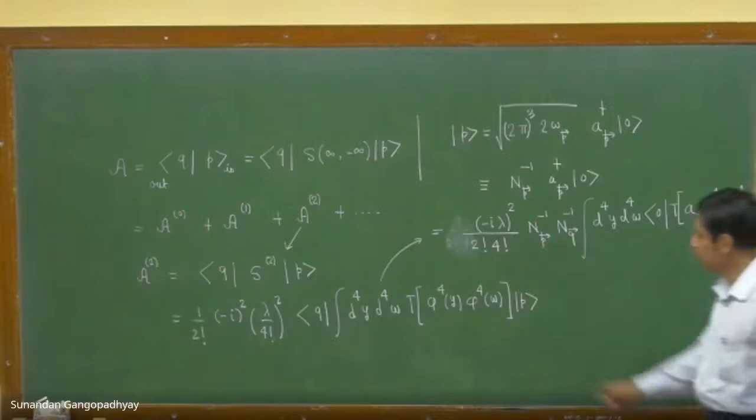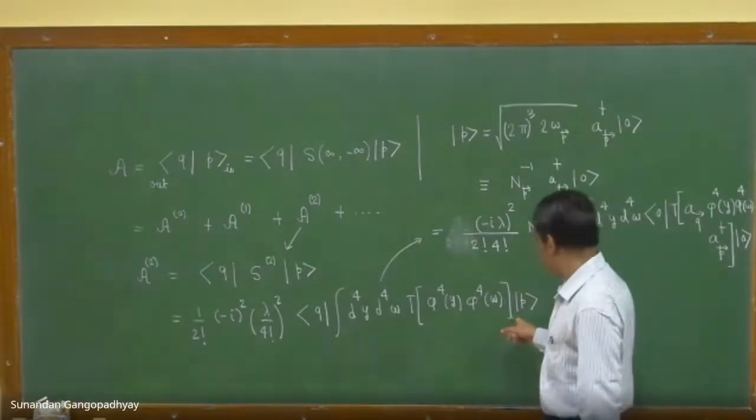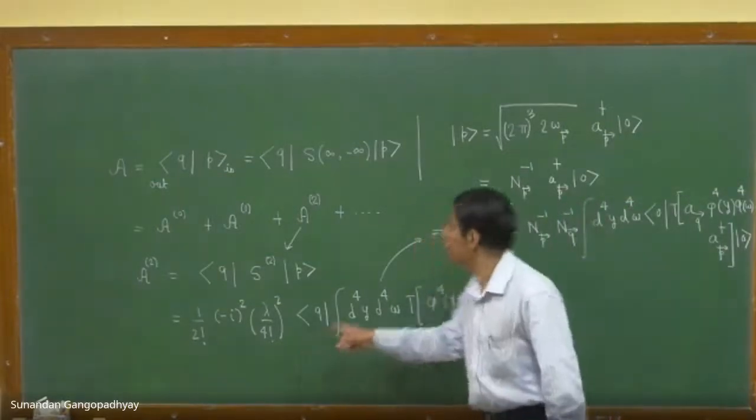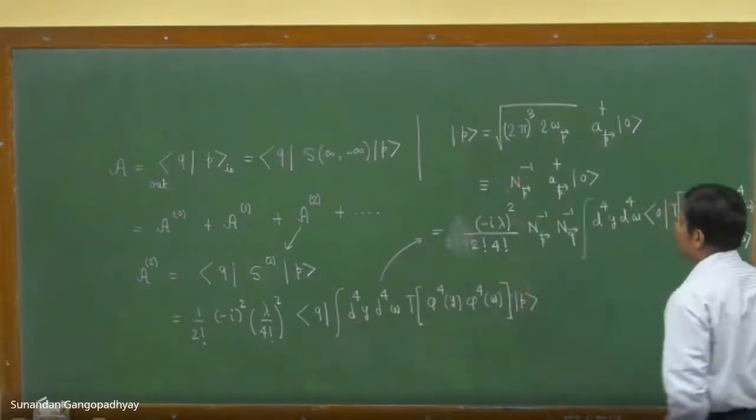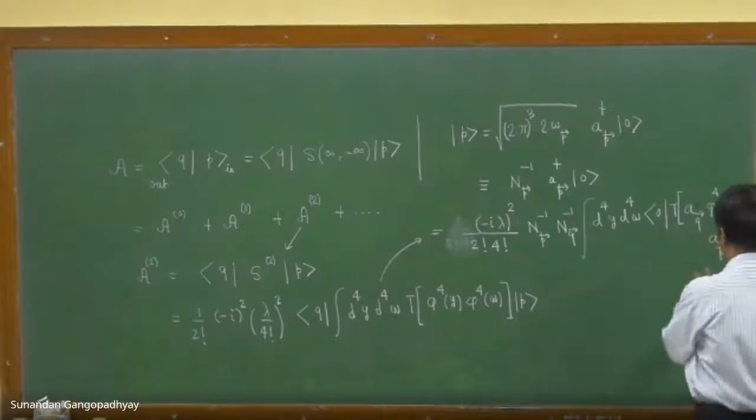So what we have done is we have put in the expressions for ket P and bra Q, and these are the factors that come out from ket P and bra Q, and then we have this.